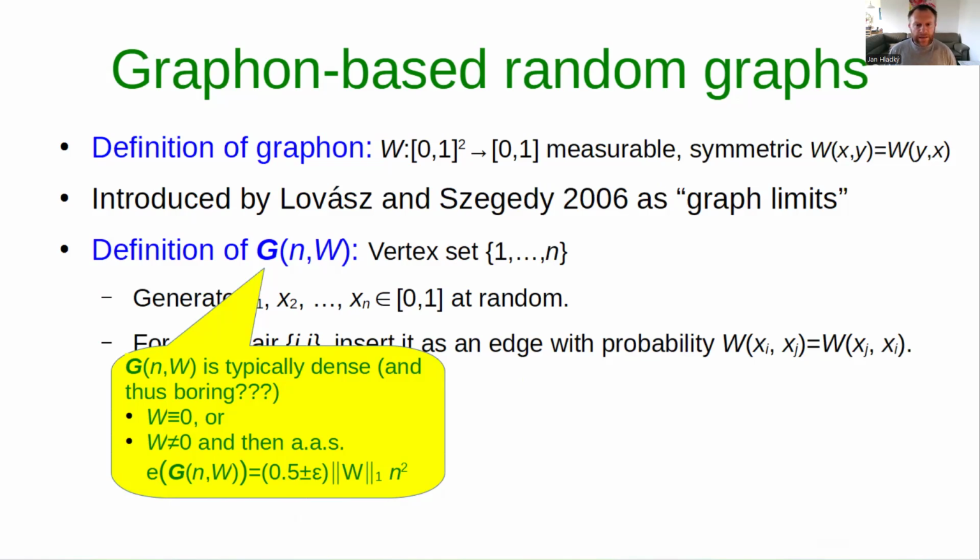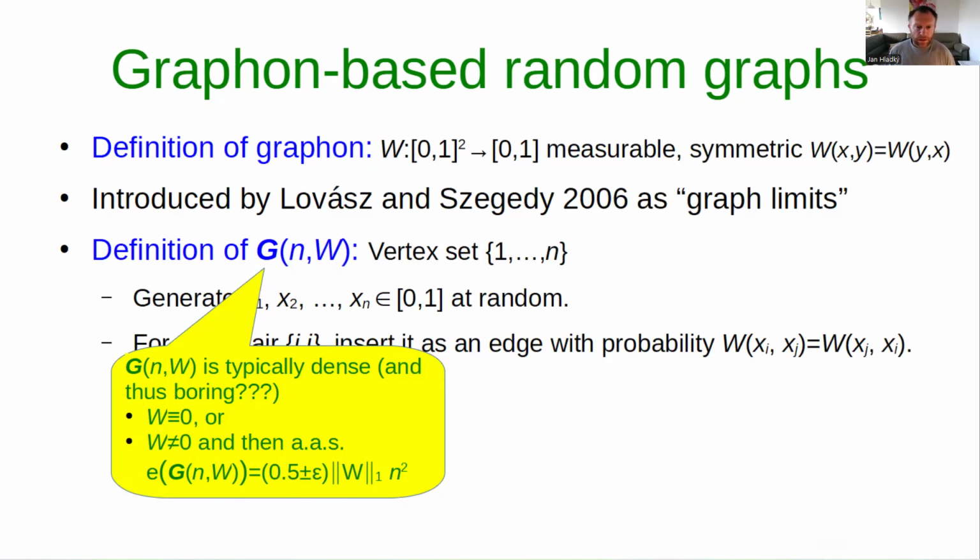There are indeed inhomogeneous models that do something similar. For instance, the Bollobás-Janson-Riordan model scales the graphon to generate sparse random graphs. So what you would be looking at are things like G(n, W/n). So n appears even in the second parameter.